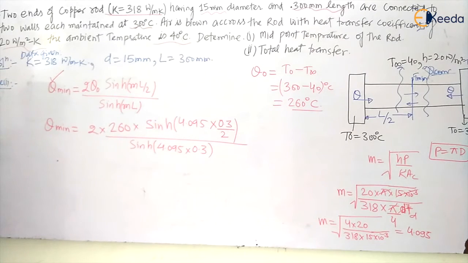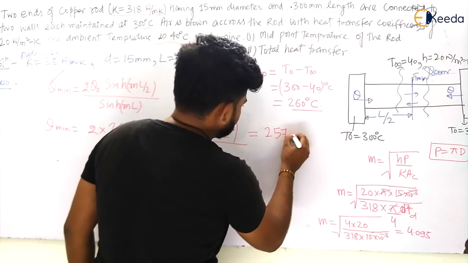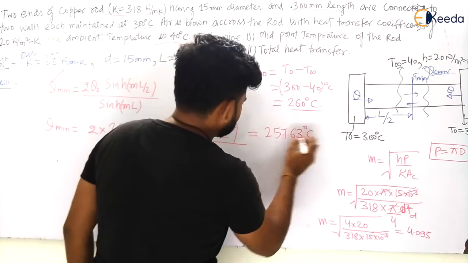So this is 4.095 multiplied by 0.3 divided by 2, sine hyperbolic, divided by sine hyperbolic of 4.095 into 0.3. So this value will become 257.63 degrees Celsius, my dear students.